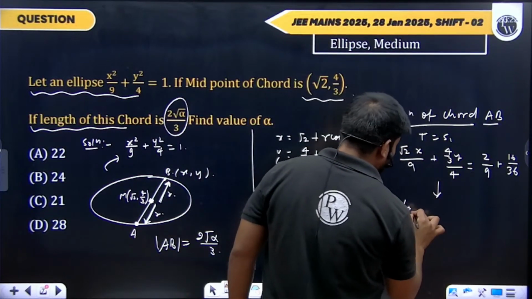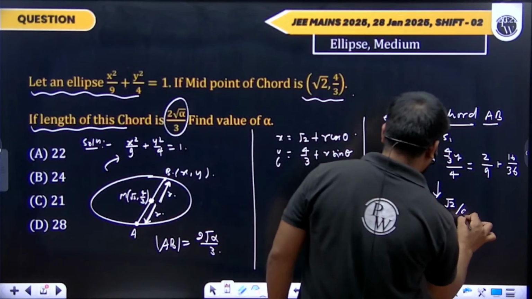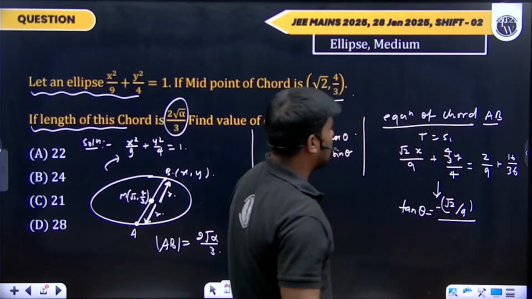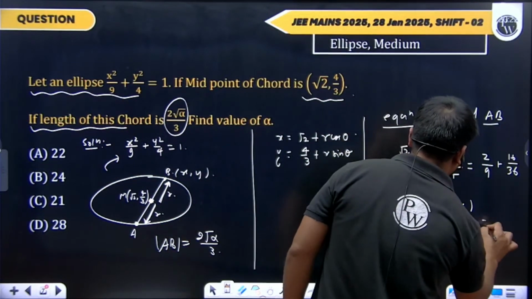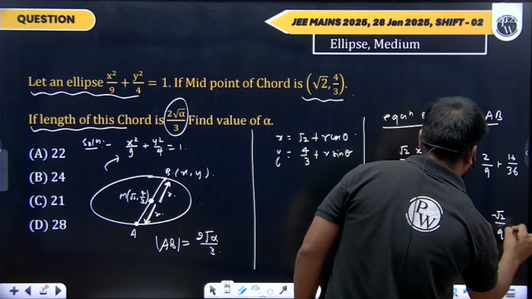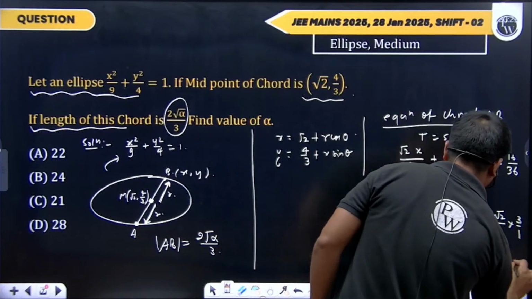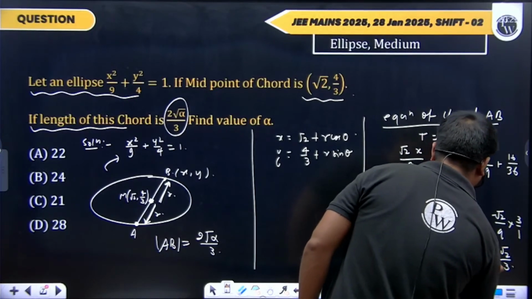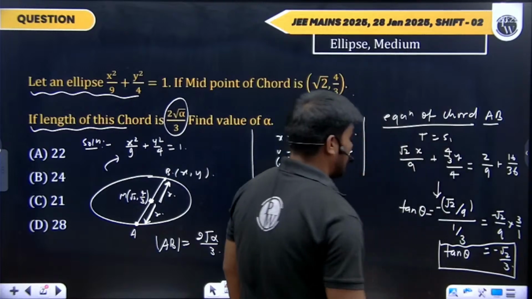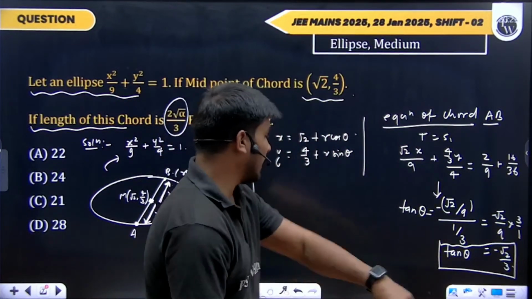What will be the slope? The slope tan theta equals root 2 by 9 with minus sign upon 1 by 3, that will be minus root 2 upon 9 into 3 by 1, that is minus root 2 by 3. So we get the value of tan theta as minus root 2 by 3.